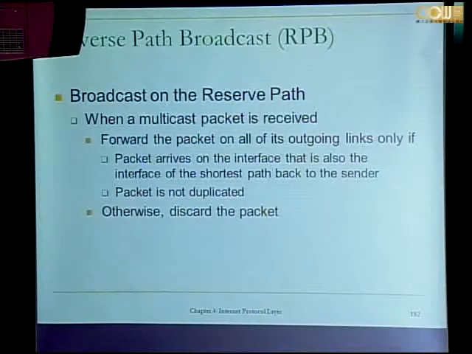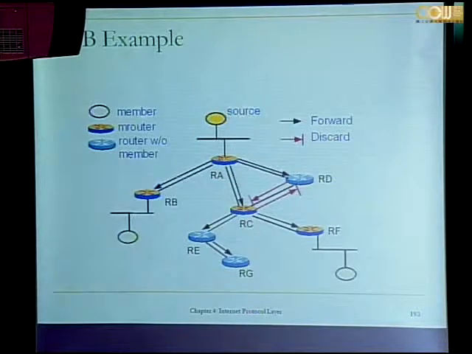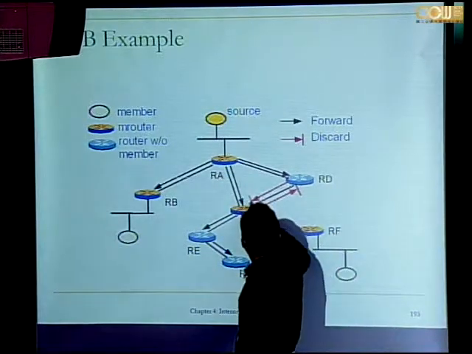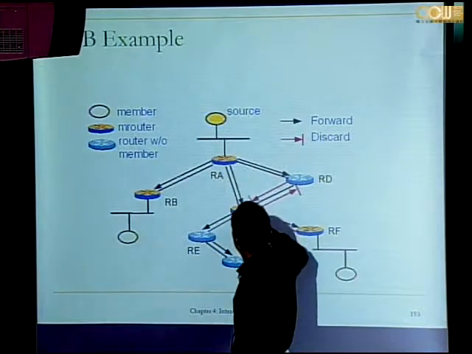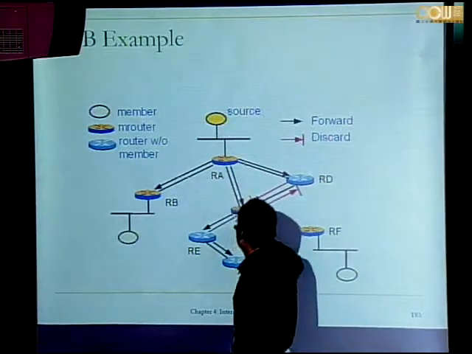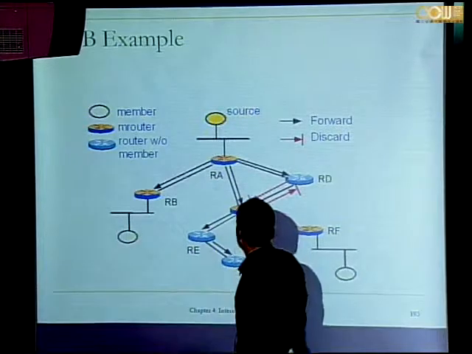And in a sense, I'm saying the source of this packet is this one, and the shortest path to that host is through this interface, not through this one, so I drop it.